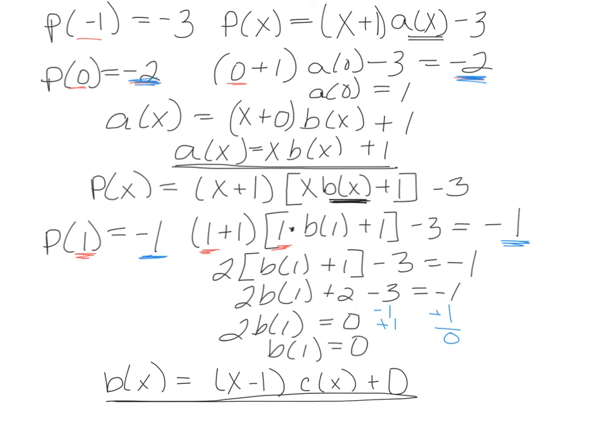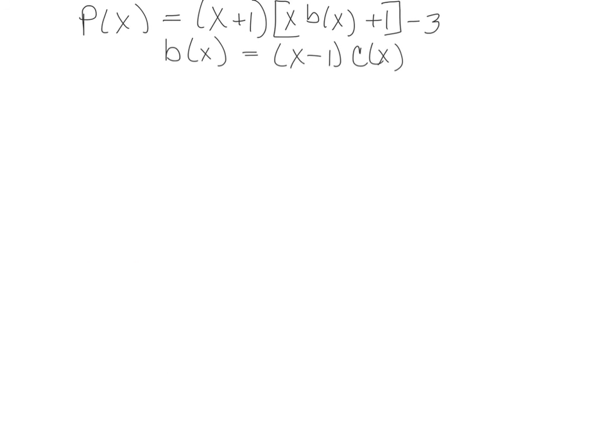Okay, let me make sure, yep, x minus 1, c of x. I copied these two things over from the previous slide. This should be nothing new to what you have on your paper, but I just want to show you what I'm going to replace. So our new p of x is x plus 1, bracket, x.